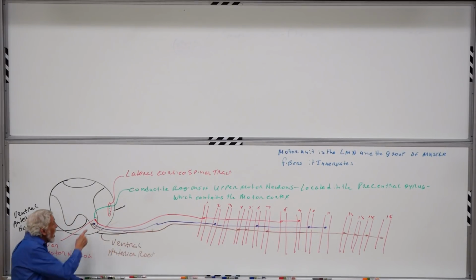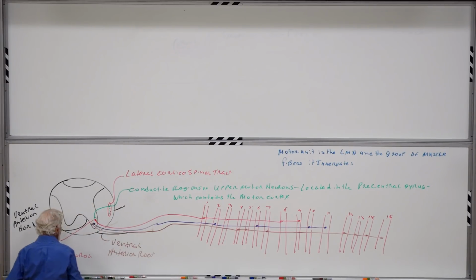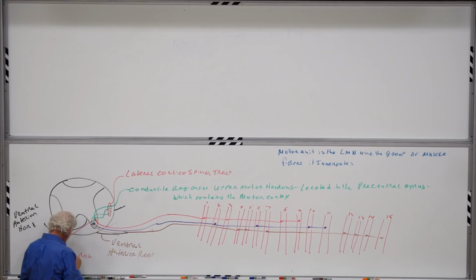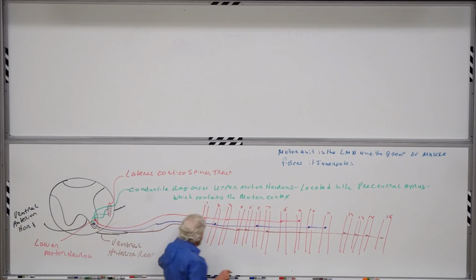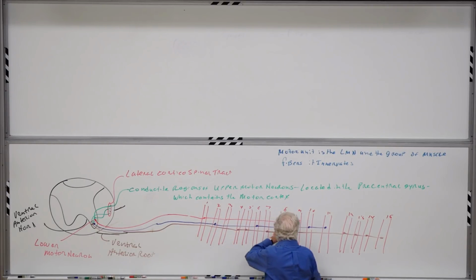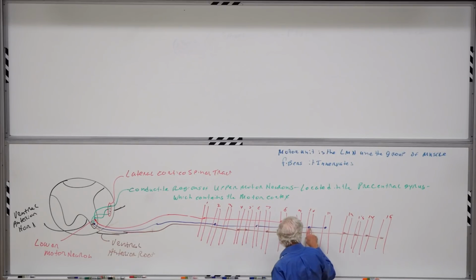It means when the lower motor neuron is activated by the upper motor neuron and fires action potentials, then lower motor neuron red is going to activate muscle fibers 1, 3, 8, and 9. Lower motor neuron purple is going to activate 2, 6, 10, and 11.